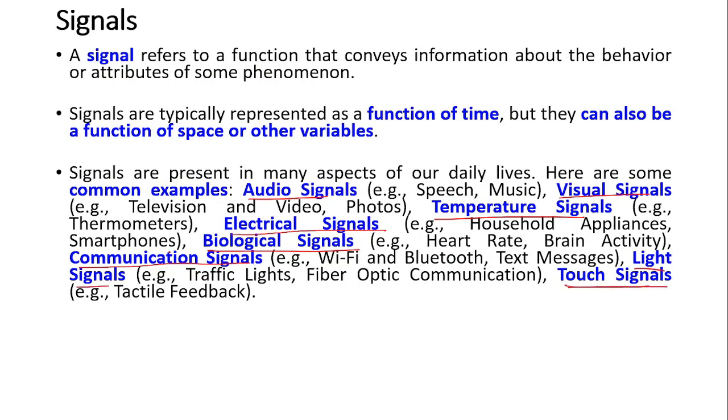Among all of these, in this course we are interested in the biological signals. It may be a signal coming from the heart, it may be a signal coming from the brain. Any signals that have been generated from the biological systems are called biological signals.